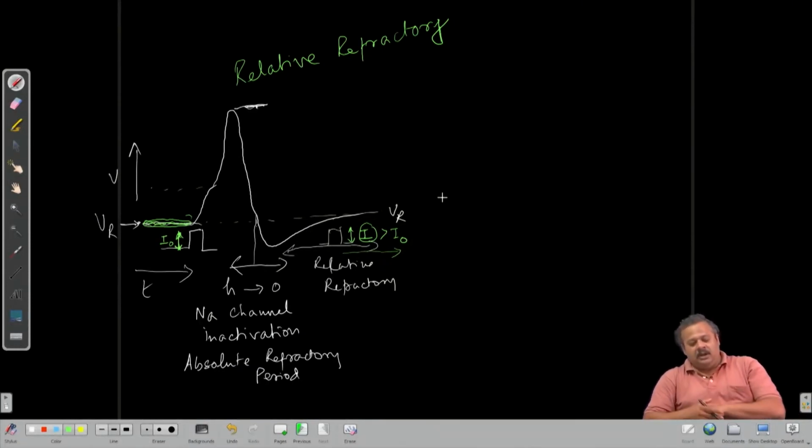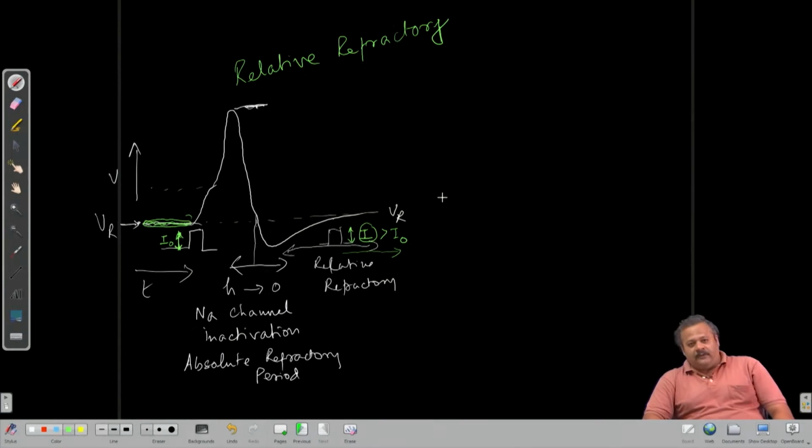I mean, basically when all the gating variables come to their steady state value at V rest, we do not have any more relative refractory. But in the intervening period, we require a larger current to produce spiking. So, this also comes into play in some of the coding aspects that we will talk about in the next part of the course.